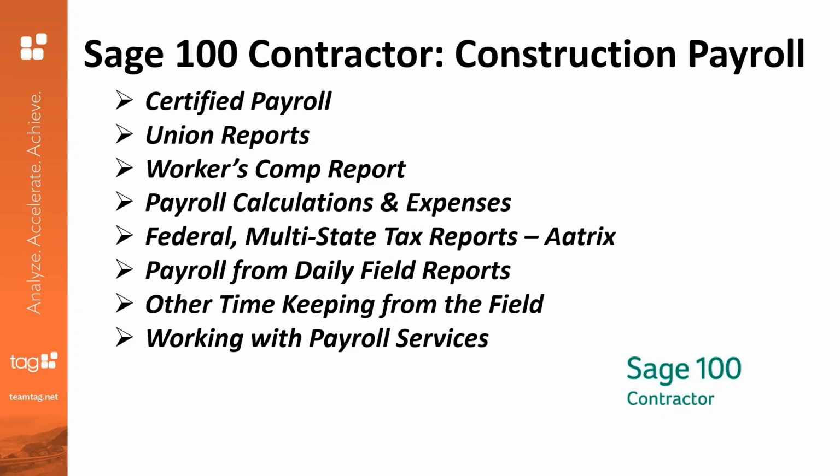We will talk about the capabilities of certified payroll reporting and uploading forms using Atrix, union reporting, the workers' comp report, payroll calculations and expenses, federal and state tax reports using Atrix, and timekeeping through daily field reports or other digital timekeeping options that are designed to increase efficiency by cutting out the time spent on data entry and also reducing the chance for errors with that double entry.